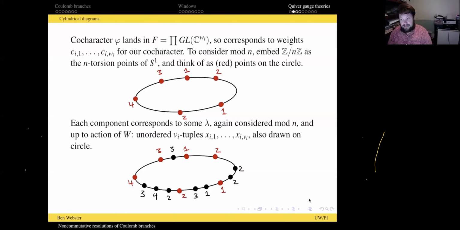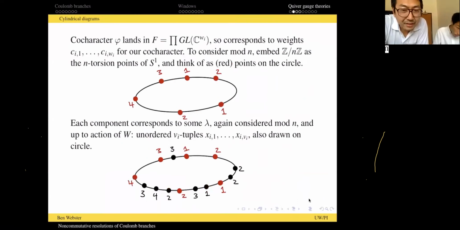So this number written next to them is the corresponding node in the quiver. So a picture like this corresponds to one of the components of my fixed points for this Z mod n action. And I had made this comment that when n gets large, things sort of stabilize. So the corresponding line operator only depends on the ordering of these points on the circle. If I move these points around on the circle without crossing anything, then I get the same line operator.